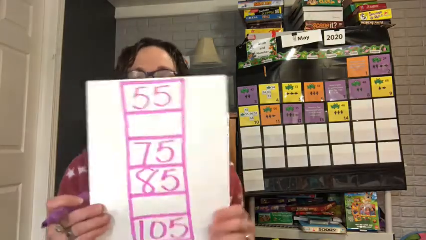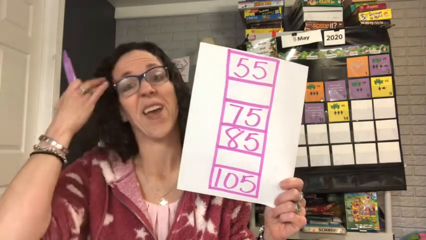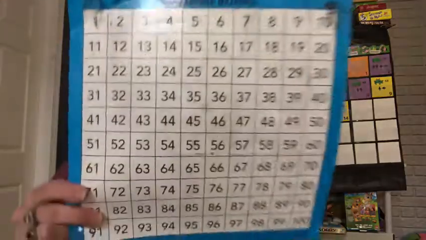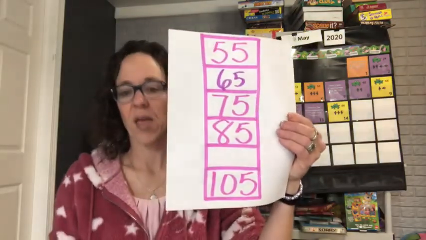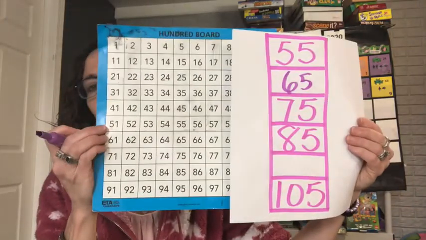Okay, 2 more puzzles here. I'm sorry, 1 more puzzle, and then we have some times. All right, counting by tens here, but we're starting at 55. So 55, what's under 55 on the number grid? You're right, 65. Now we have some others in there. 75, 85. Who's got that next number for us?